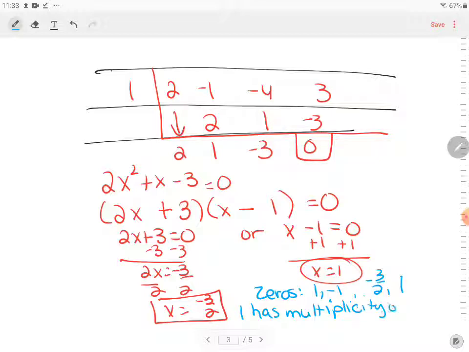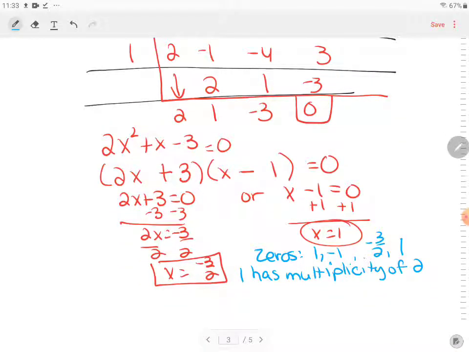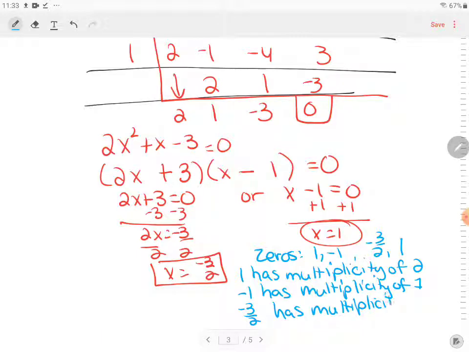Multiplicity of 2. And then the negative 1 has a multiplicity of 1. And the negative 3 over 2 has a multiplicity of 1. So again, notice there's 4 zeros with 1 repeating.